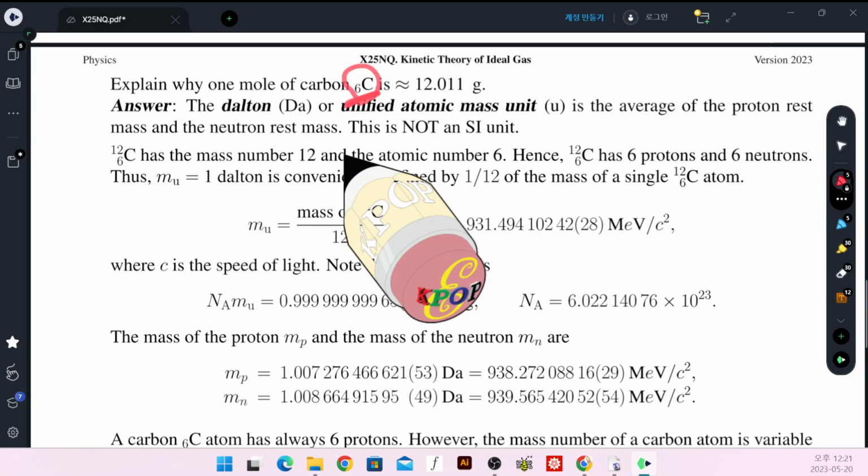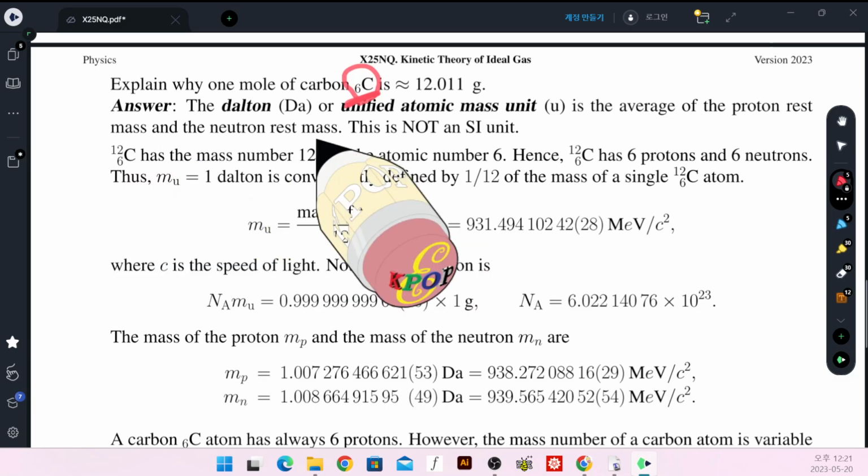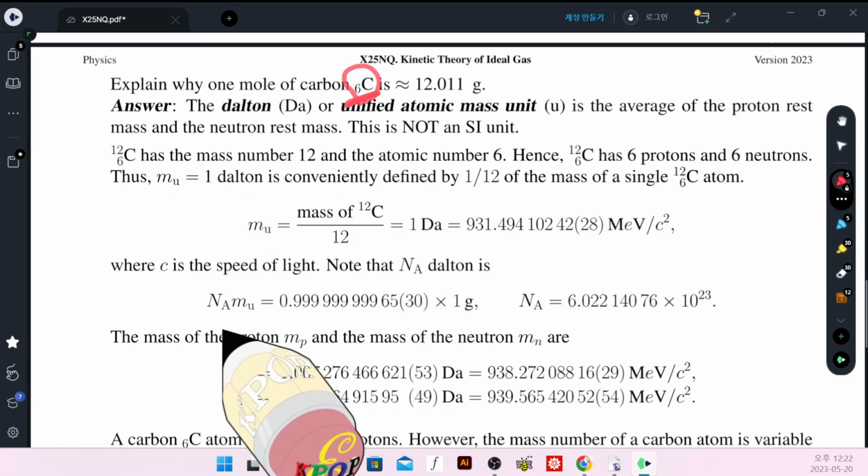We have a practical unit called the Unified Atomic Mass Unit, u, or it is also called the Dalton. It is the average of the proton rest mass and neutron rest mass. In many cases, the number of protons and the number of neutrons are not always the same, but they are of a similar order.